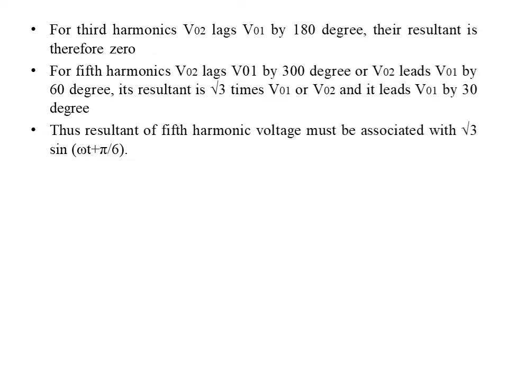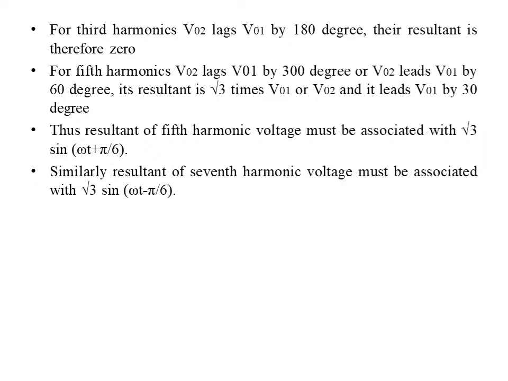Thus, the resultant of the fifth harmonic voltage must be associated with root 3 sine omega t plus pi by 6, and similarly the resultant of the seventh order harmonic voltage must be associated with root 3 sine omega t minus pi by 6, as shown in figure D in the previous slide.